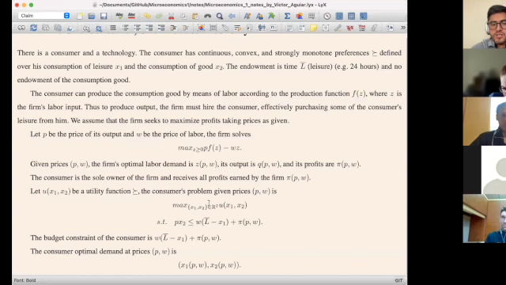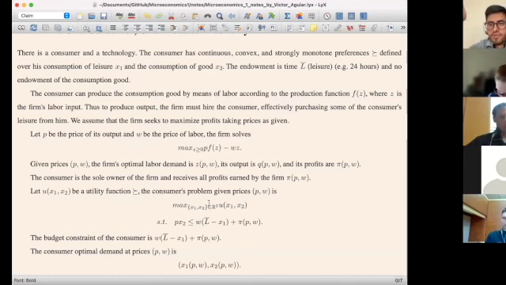The endogenous budget is the multiplication of the units of labor you actually are using. So this is W times the endowment L-bar minus X1 units of labor. X1 is leisure time. So L-bar minus X1 is the units of labor.